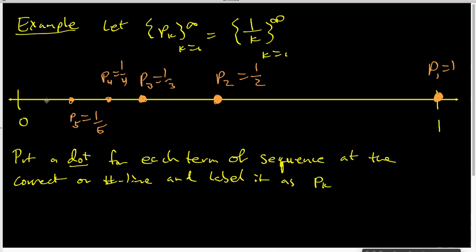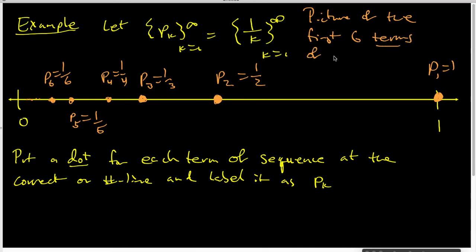And P6 would be about here. And so on. So this would be a picture or a graph of the 6 terms of our sequence.